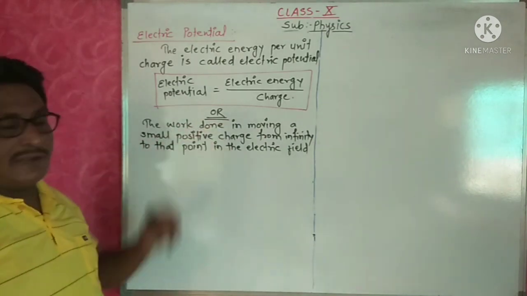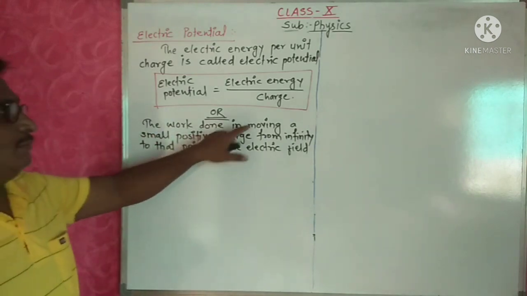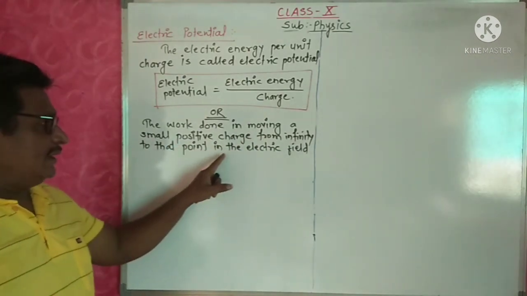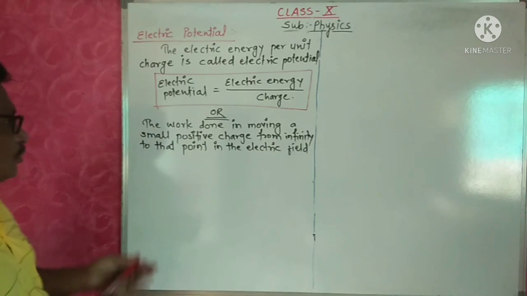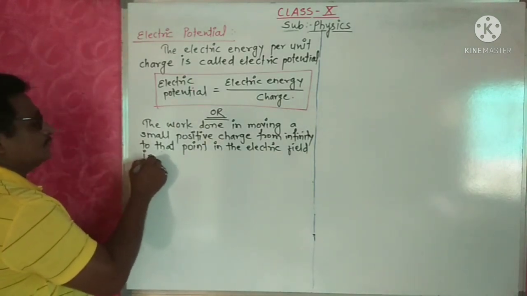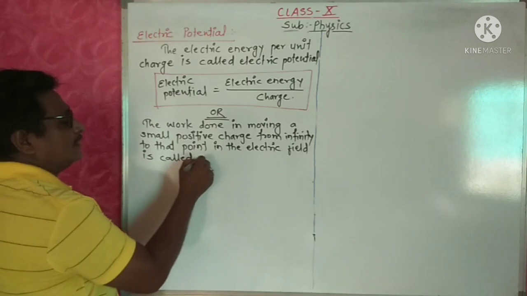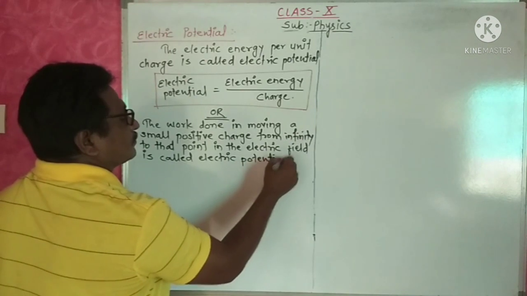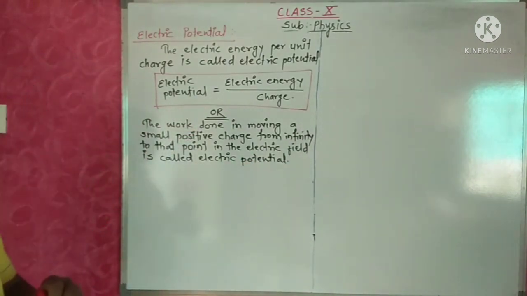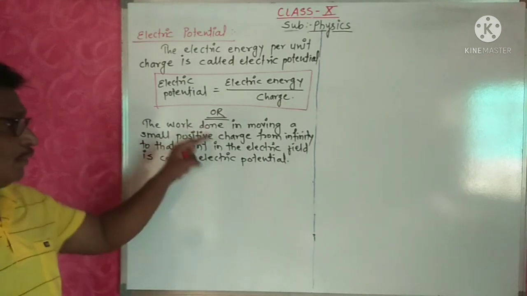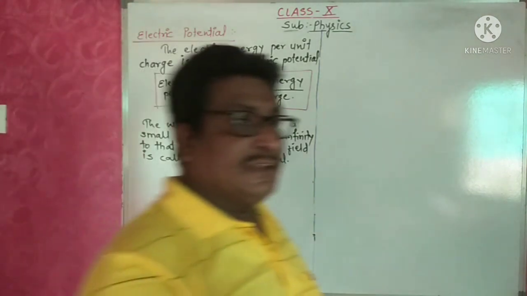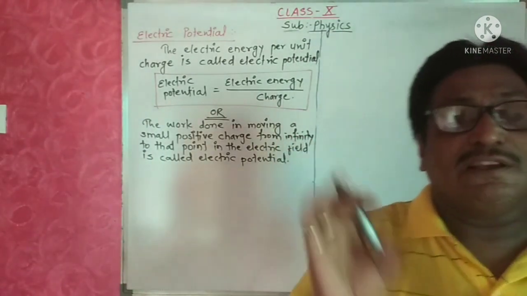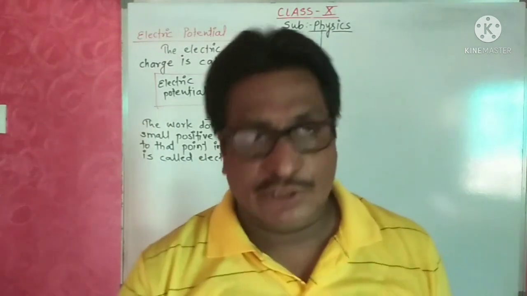Or in another way we can define it: the work done in moving a small positive charge from infinity to that point in the electric field is called electric potential.